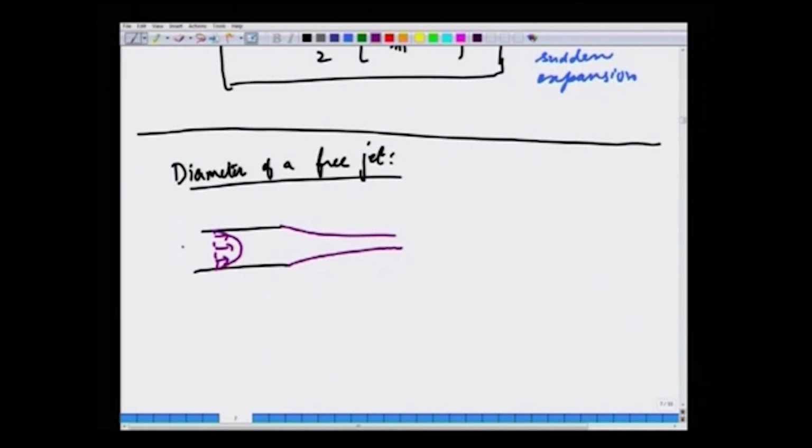So, in general the diameter of the tube d and the diameter of the jet dj that emerges sufficiently downstream from the exit of the tube are not the same. This is simply because of the lack of resistance to flow when the fluid exits into the atmosphere. So, what happens is it generally thins a little bit.